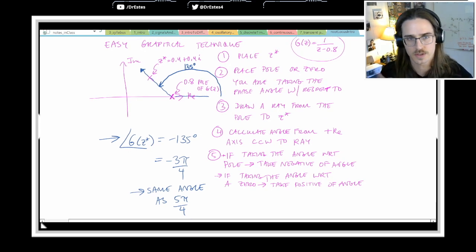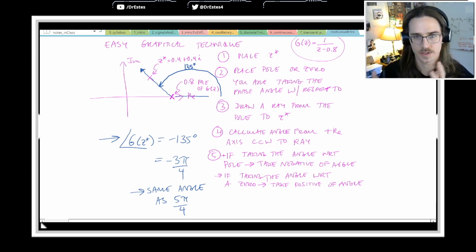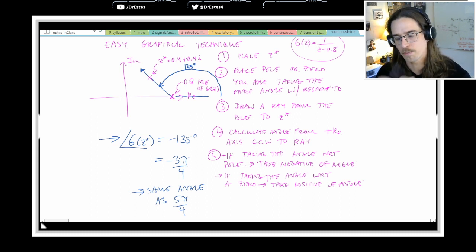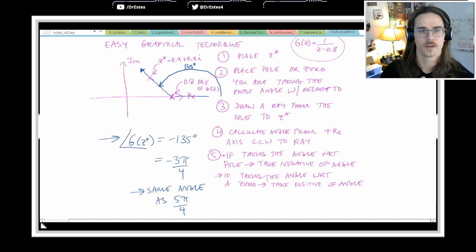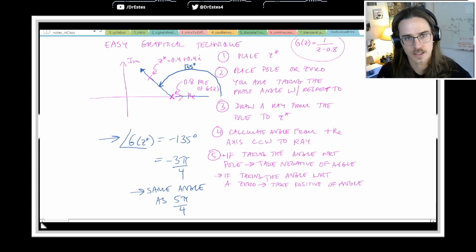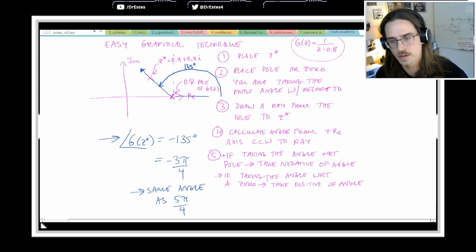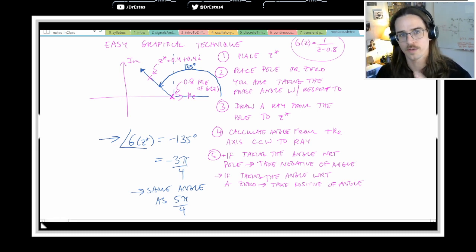The first method was just you plug everything in, you get down to a complex number, and then you use the definition of the phase angle to get that angle. Method 2 is just plug stuff into MATLAB, use the angle command. Method 3 is a faster way to get the angle by hand, but we're going to use this technique to write some equations that we can automate that will become relevant later.